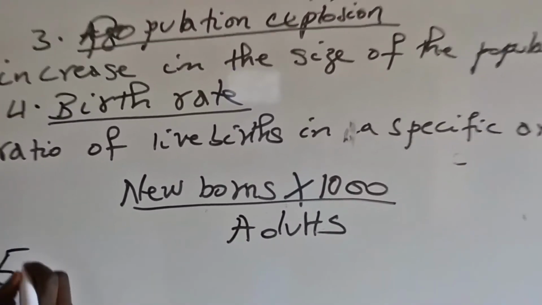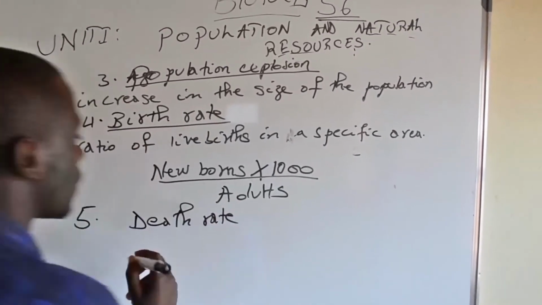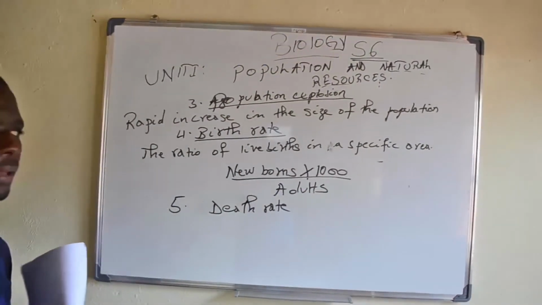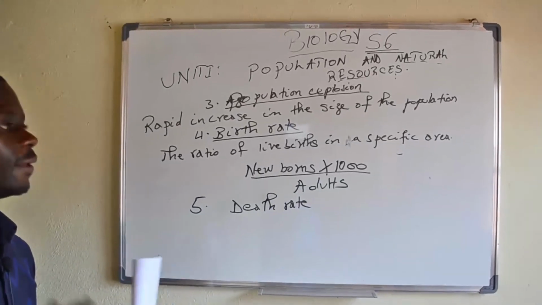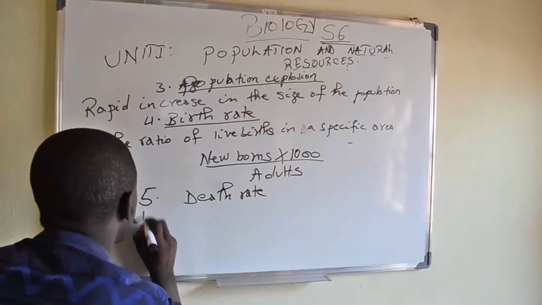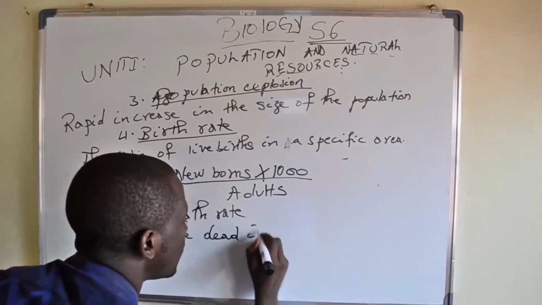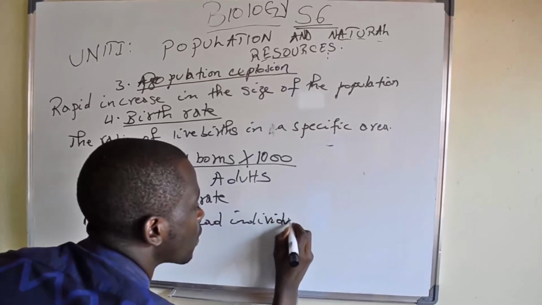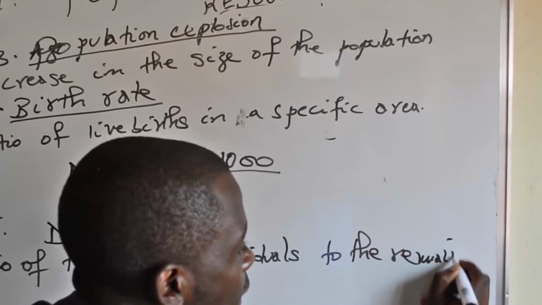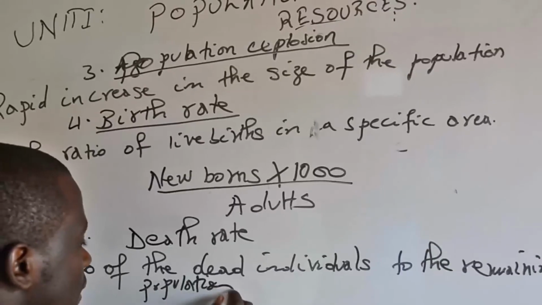Another which goes hand in hand with this is the death rate, which is the ratio of the dead individuals in the population to the remaining population, okay?